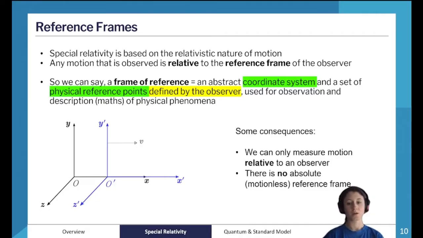Some consequences of this are that we only measure motion relative to the observer, and the meaning of that is that there is no absolute reference frame. Nothing is absolutely still. As soon as you think something is absolutely still, and you think about it a little bit harder, it won't be. You think, well, the house that I'm sitting in is completely still.